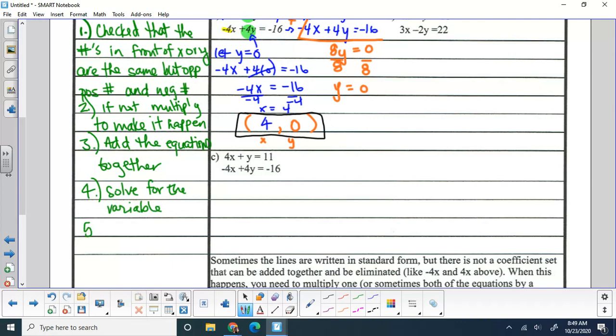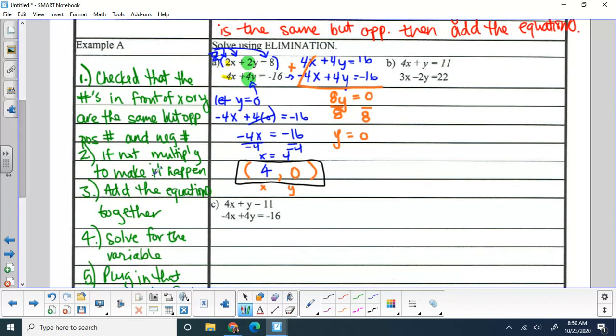And then the fifth step was plug in the answer to find the other value. Remember, you should always be getting 2 answers when working with a system of equations.